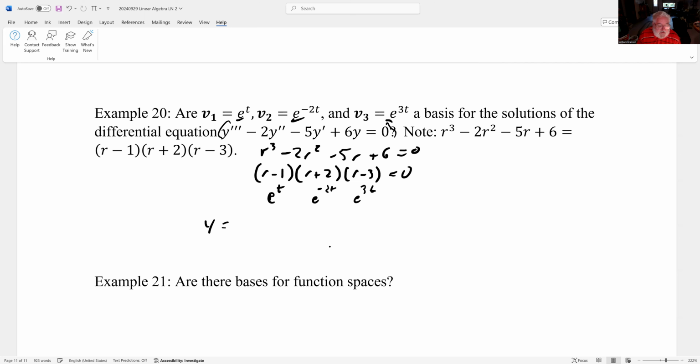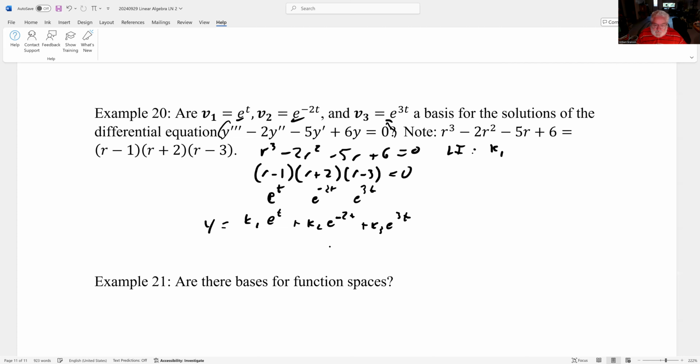And so we expect the general solution to be that. So are these three vectors, e to the t, e to the minus 2t, and e to the 3t, linearly independent? So none of them can be written in terms of the other two. And do they span? Are all solutions of this form?